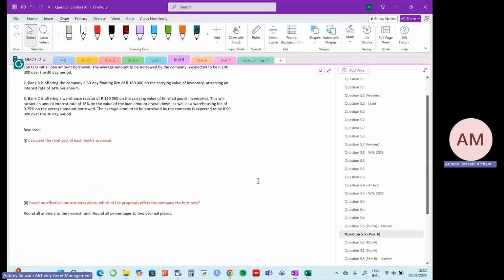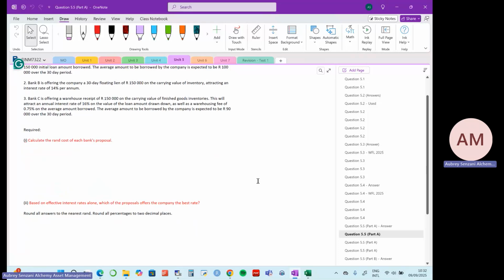All right. Then it says based on effective interest rates alone, which of the proposals offer the company the best rate? And we know the best rate would be what? Highest or the lowest? Well, we don't know if we're investing or if we're actually paying, right? Okay, so let's read and see what's happening.